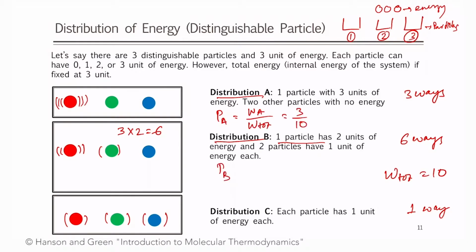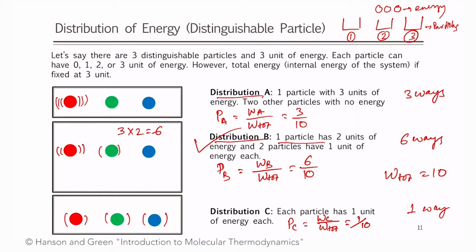Probability of distribution B is W B by W tot, which is 6 by 10. Probability of C, which is W C by W tot, is 1 by 10. So, which is the most probable distribution? Distribution B is the most probable distribution, because it has the highest probability.